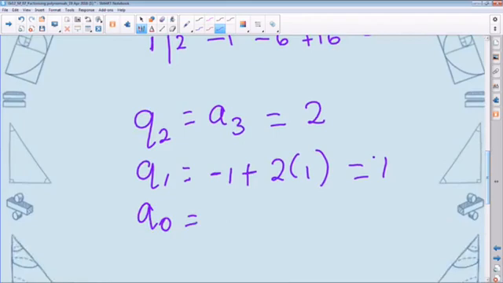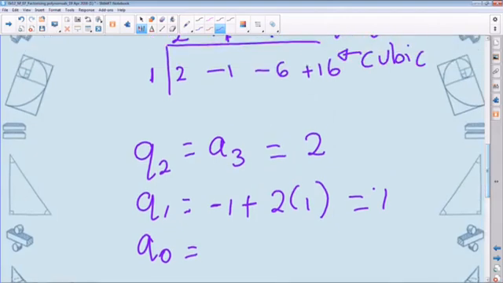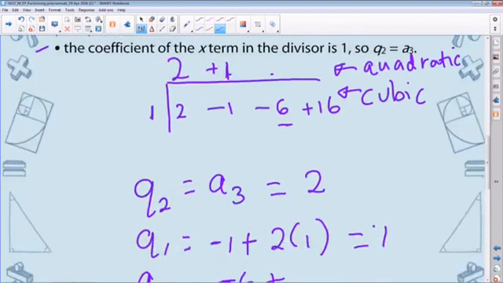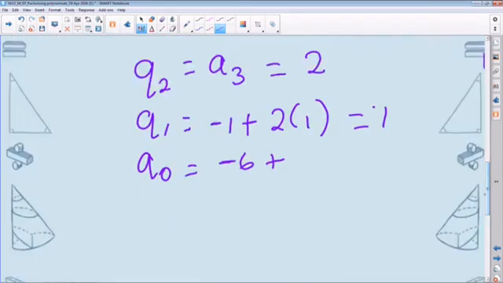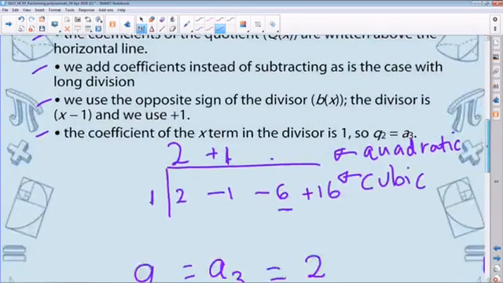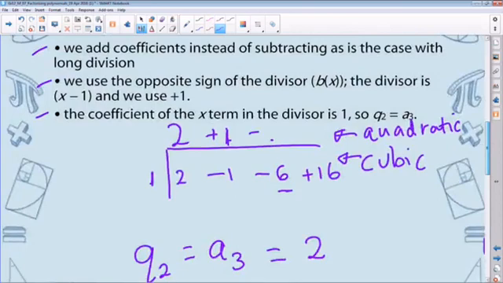So to work out Q0, it's going to be minus 6, which is your coefficient of your x term, plus the answer you just worked out, which was Q1, which is 1, times 1, and that's going to give me a minus 5. So minus 5 is now going to be this value that we put up here, our Q0.